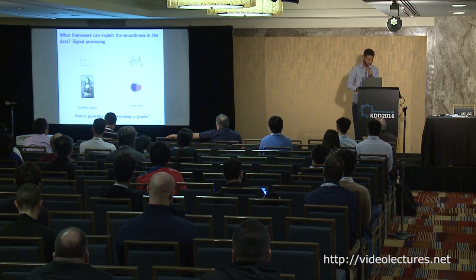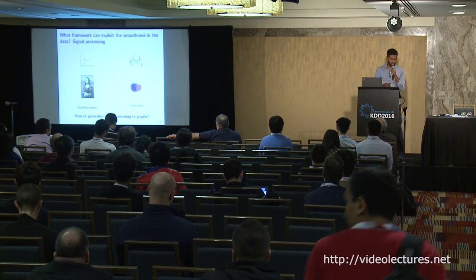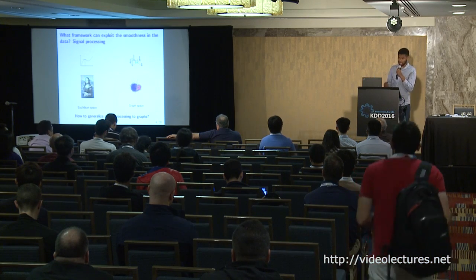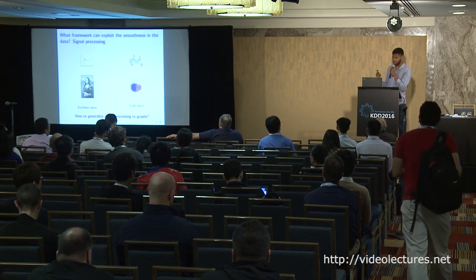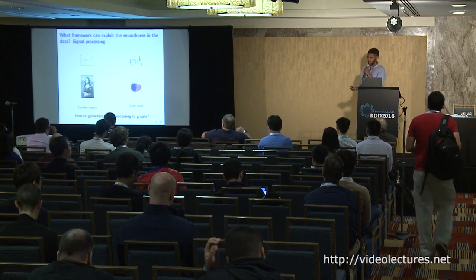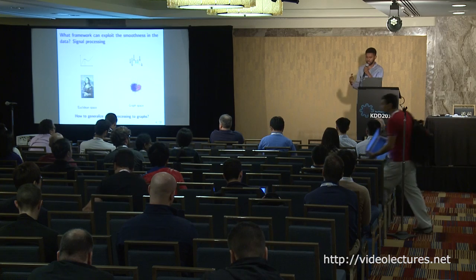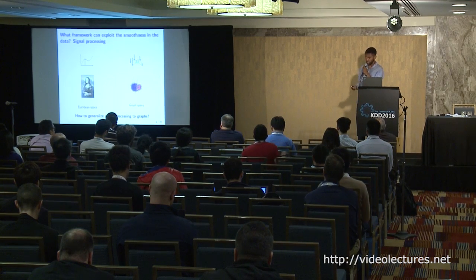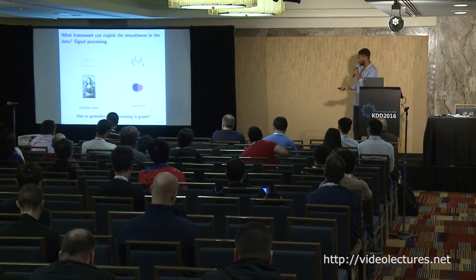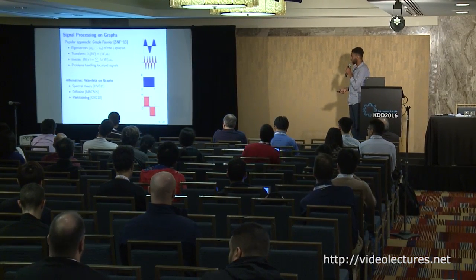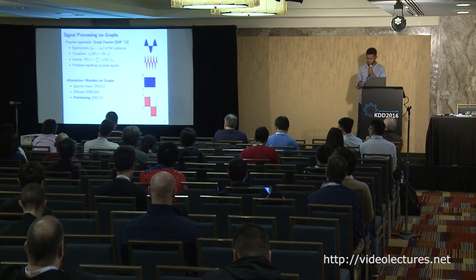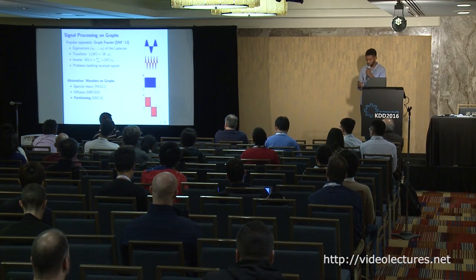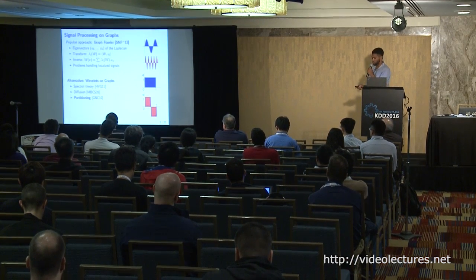The broad goal of this work is to help in generalizing things that people know how to do for signals in a very well structured Euclidean space to the domain of graphs, which is a little bit less structured. How can we do this? People started thinking about this problem some years ago, and the main approach is called the graph Fourier transform.